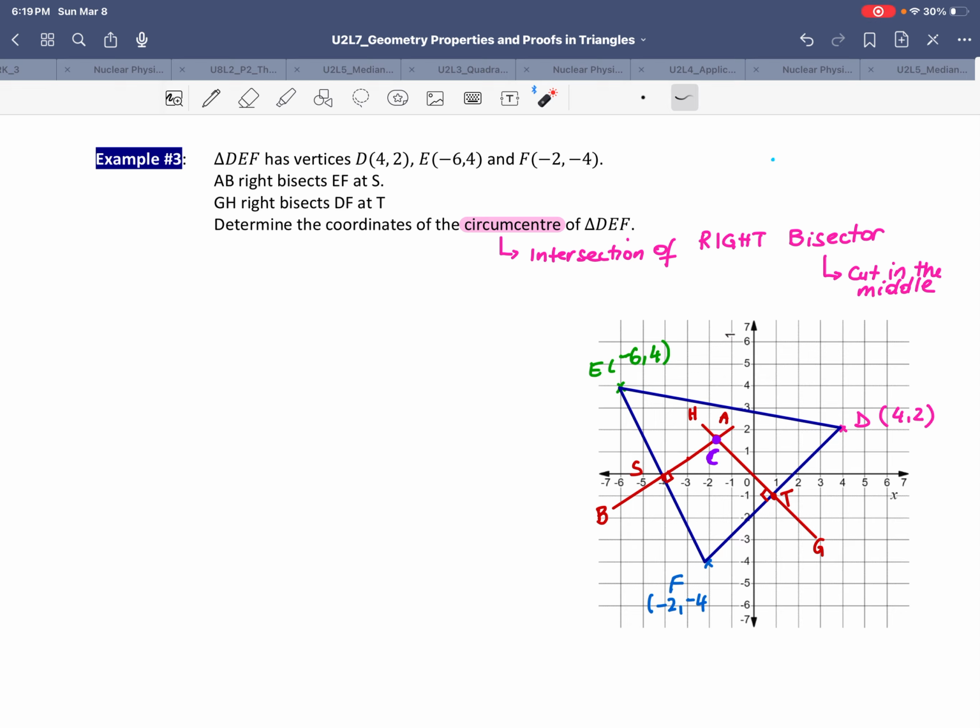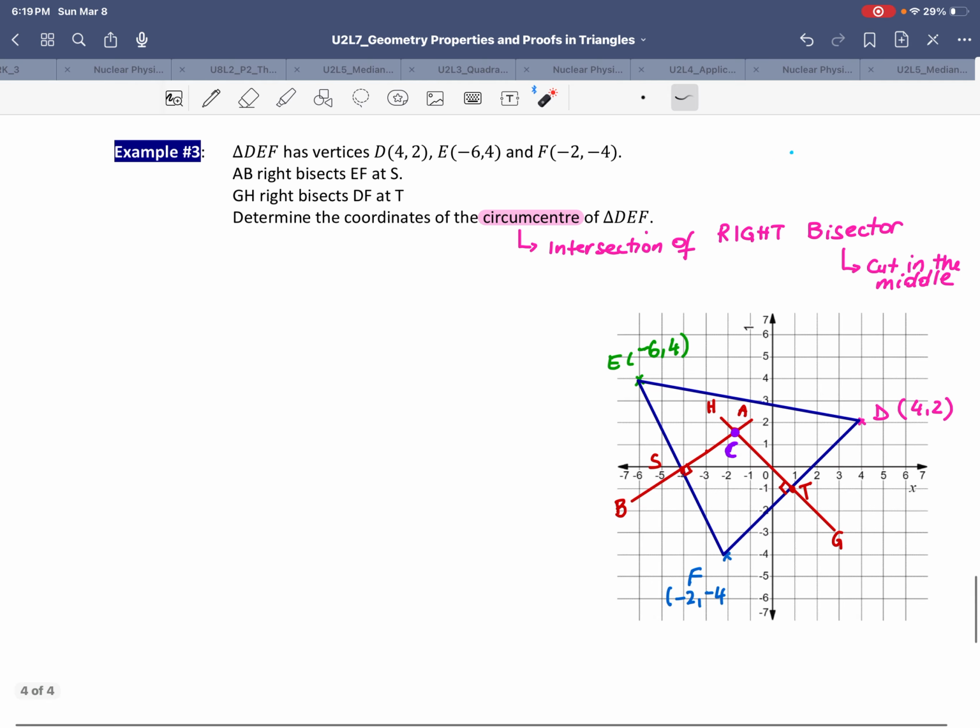So if I want to know the coordinates of point C, I can find it as the point of intersection of these two line segments. But to find the point of intersection, I'm going to need the equation of each line. So my first step has become clearer.